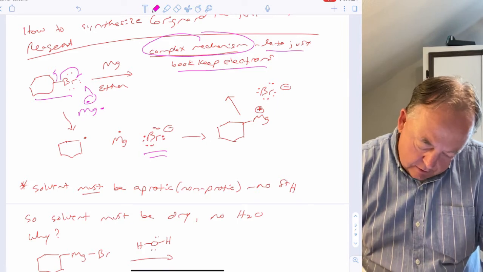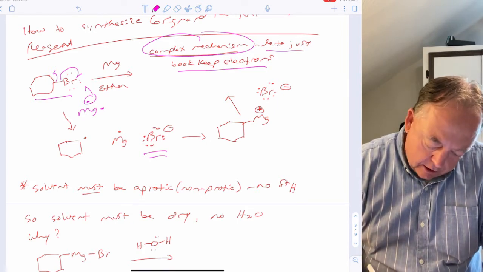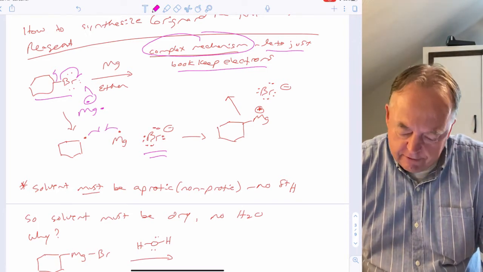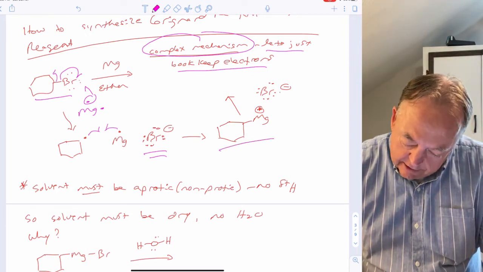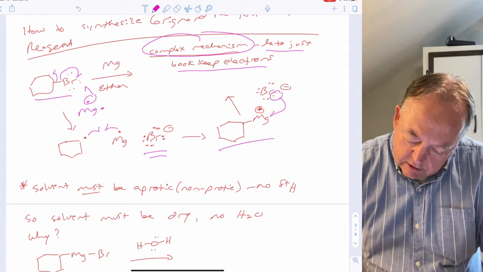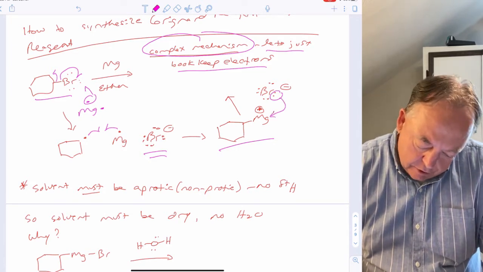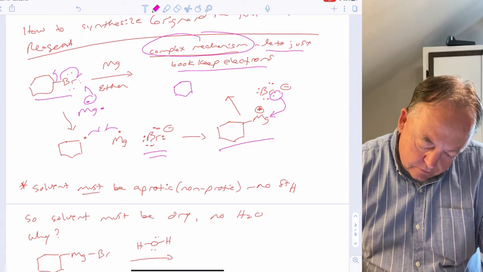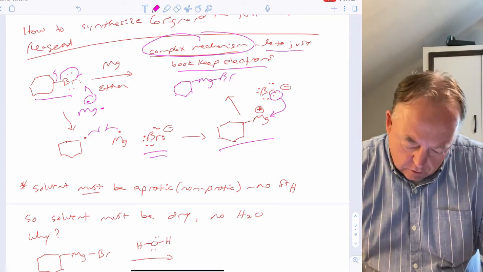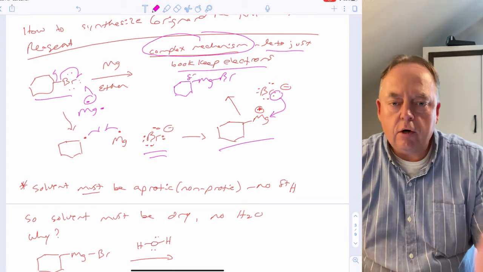And then magnesium's got 1 electron left, and carbon's got 1 electron, so let's let those 2 make a bond to give you this. And then let's let bromine attach to magnesium, so you would make the organometallic reagent, where now carbon has a partial negative charge to it.